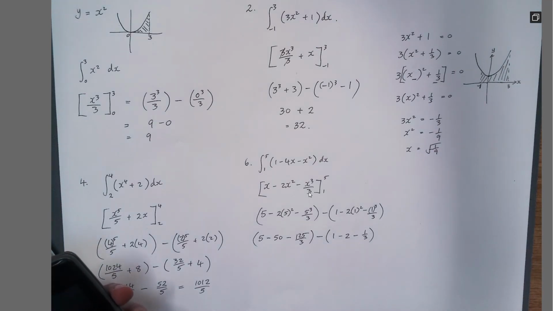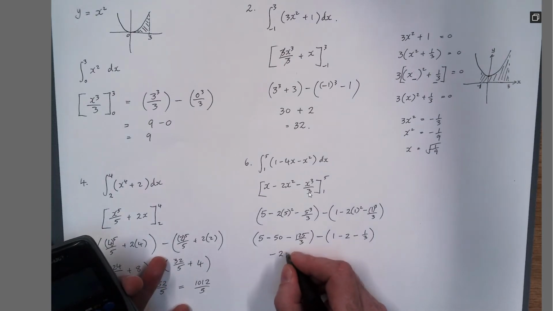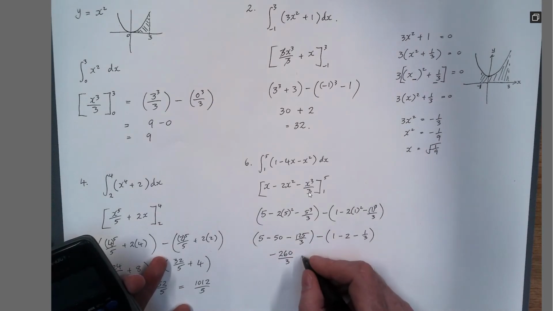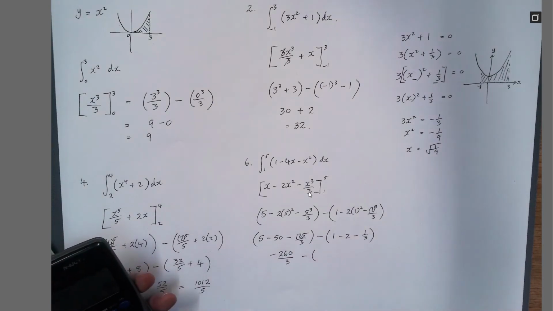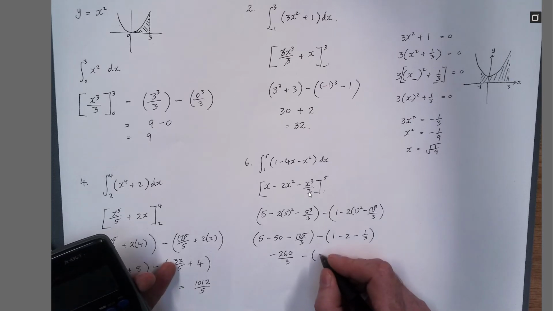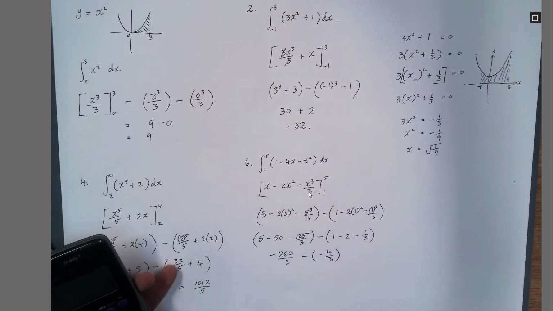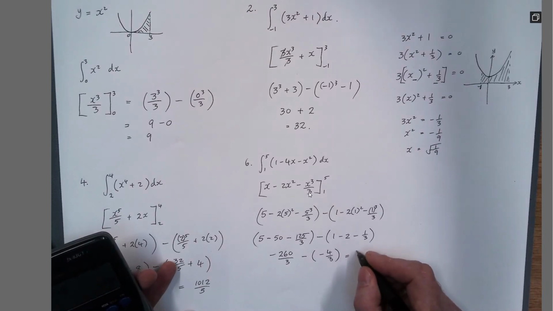Minus minus becomes plus, so the result is going to be 3, plus the remaining term over 3.